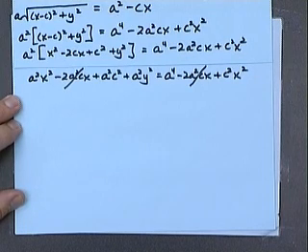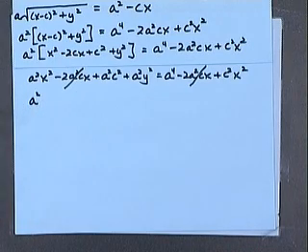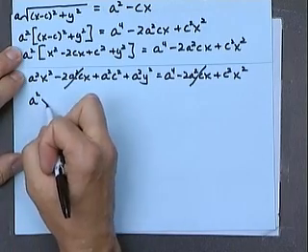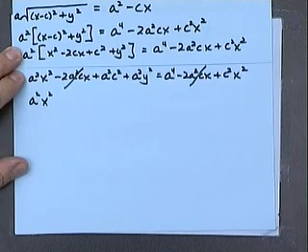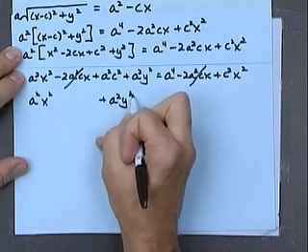Let's do this. Let's put all the variable stuff on one side, so I'm going to leave this. And by variables, I mean x's and y's, because that's what we're trying to do, is describe x's and y's on the ellipse. So a squared, x squared, I'm going to leave it here. I'm going to leave a squared, y squared over here.